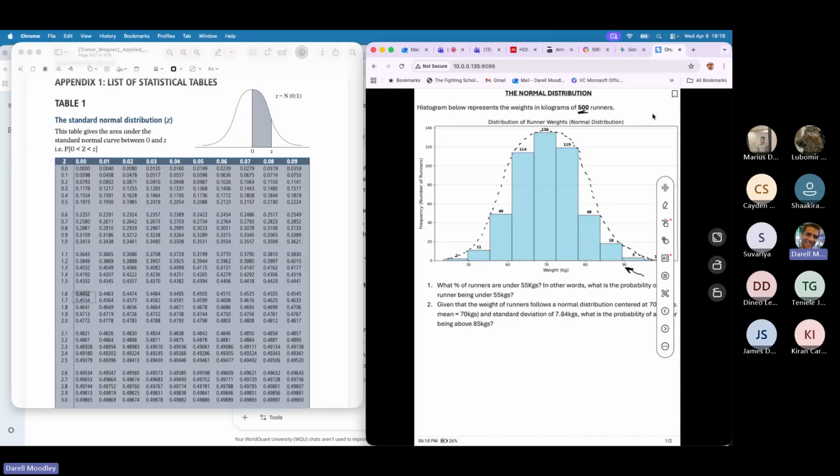Now, let me just clear this part here so you can see it a bit clearer. You have 500 runners.